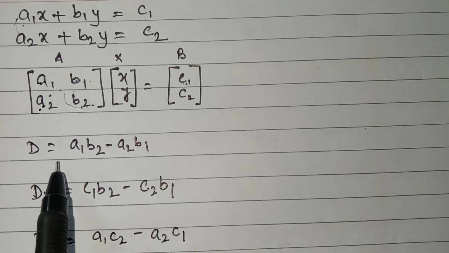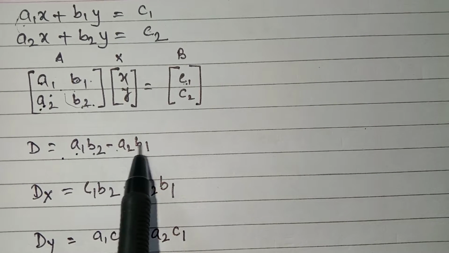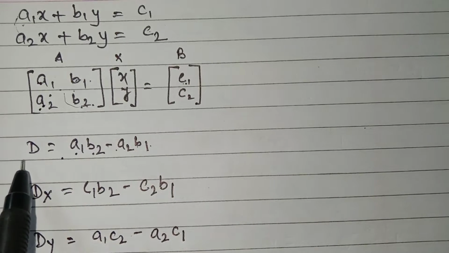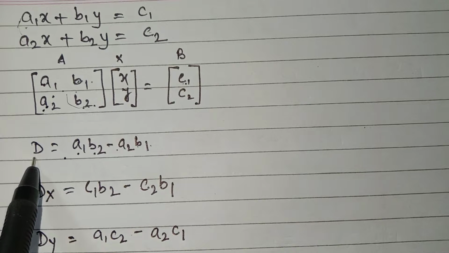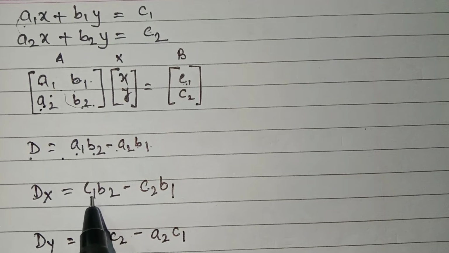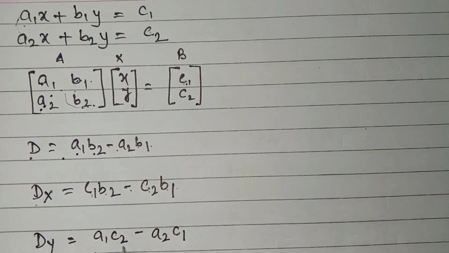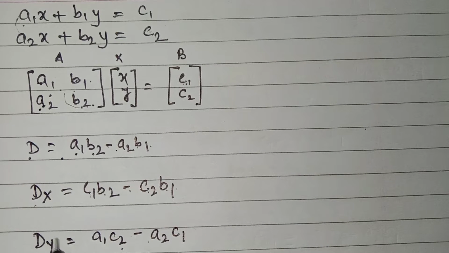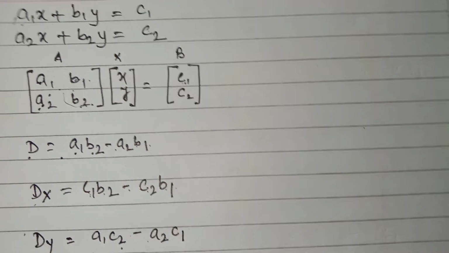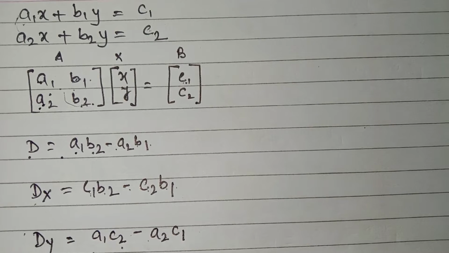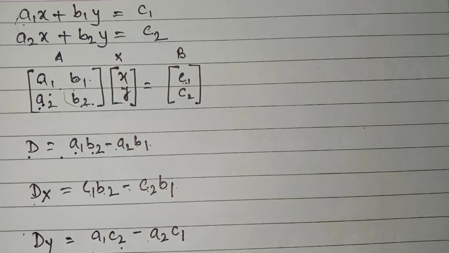So remember that a1b2 minus a2b1 is the determinant of the matrix, which will be denoted by the letter D, and c1b2 minus c2b1 is the determinant of x, which will be denoted as dx, and a1c2 minus a2c1 is the determinant of y, which will be denoted as dy.